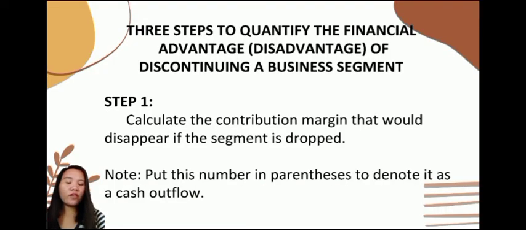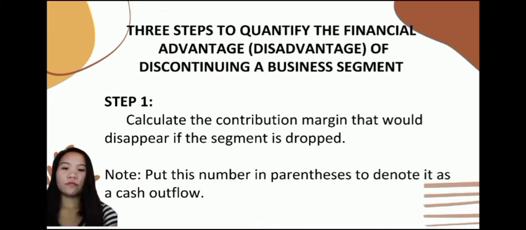To determine whether to keep or drop a product line or segment, here are the 3 steps to quantify the financial advantage or disadvantage of discontinuing a business segment. Step 1. We must calculate the contribution margin that would disappear if the segment is dropped. But remember to put this number in parentheses to denote it as a cash outflow.